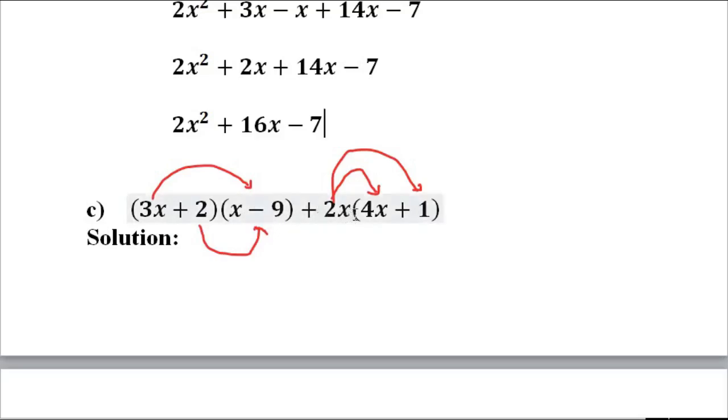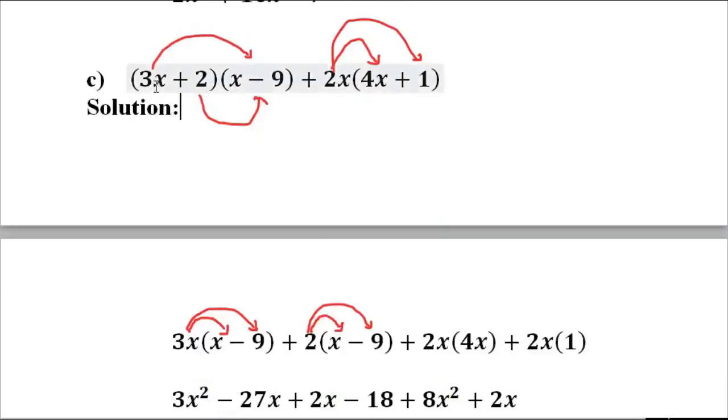Then we can distribute the 2x to the 4x and to the 1. We have 3x times (x minus 9), 2 times (x minus 9), and then 2x times 4x, 2x times 1.